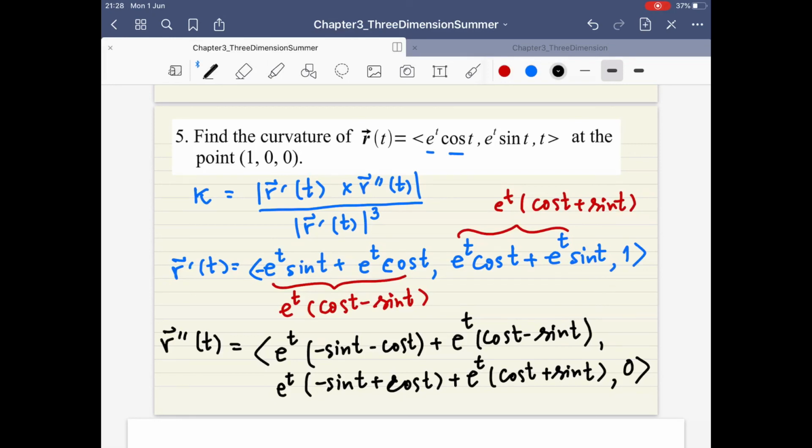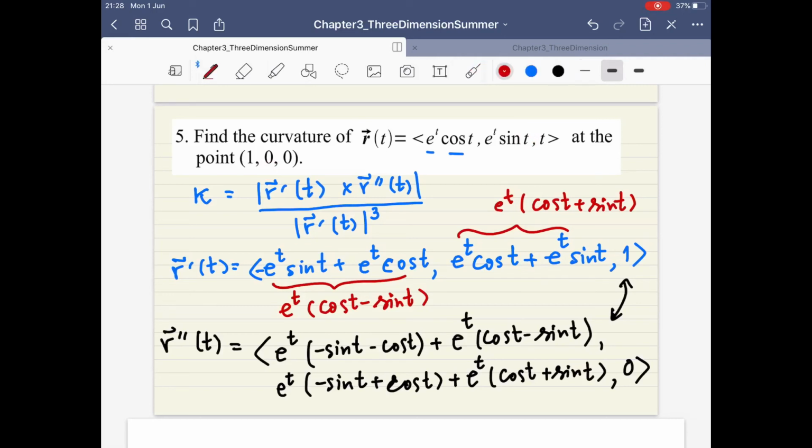However, don't work with all these variable t, because you look at the curvature at a particular point, and this particular point is when your t is 0, you see. So as your t is 0, this is 1, the first component. As your t is 0, this one is 0, the second component.